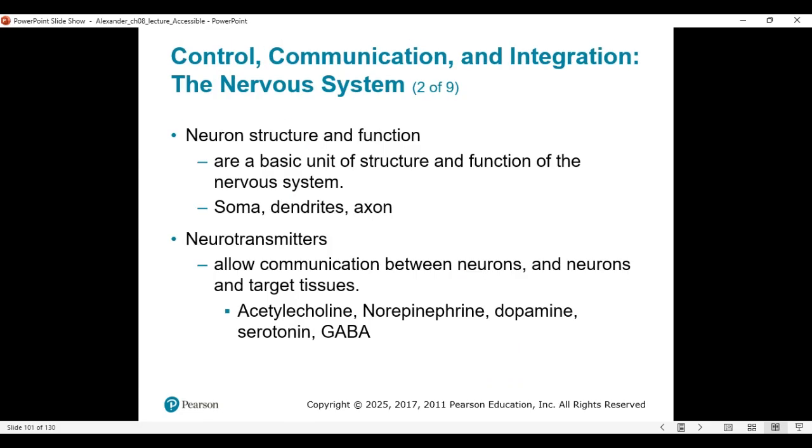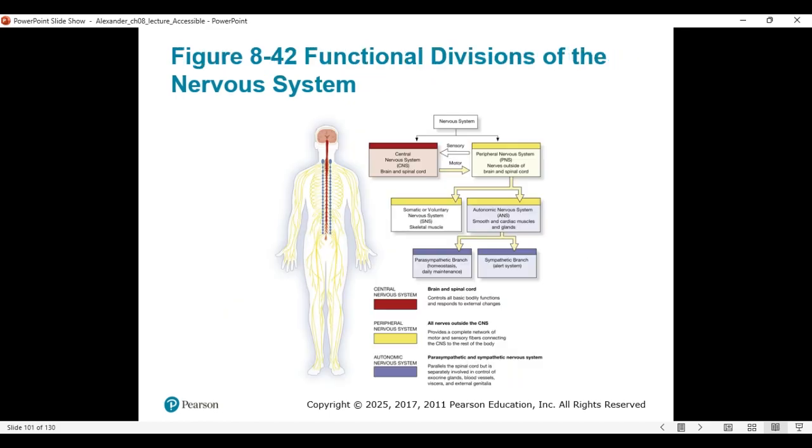Neurons are the basic units of structure and function of the nervous system. Neurotransmitters allow communication between neurons and target tissue. And these are different types of neurotransmitters: acetylcholine, norepi, dopamine, serotonin, and GABA.